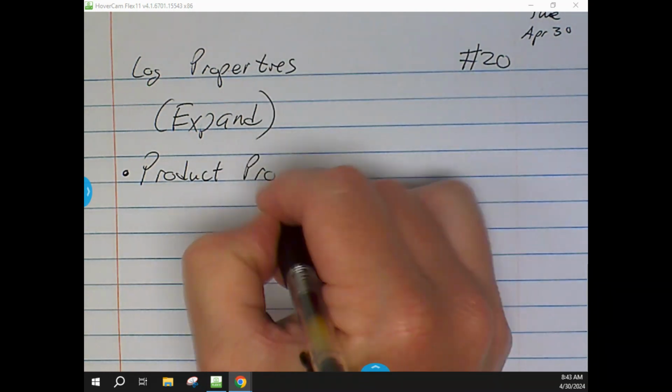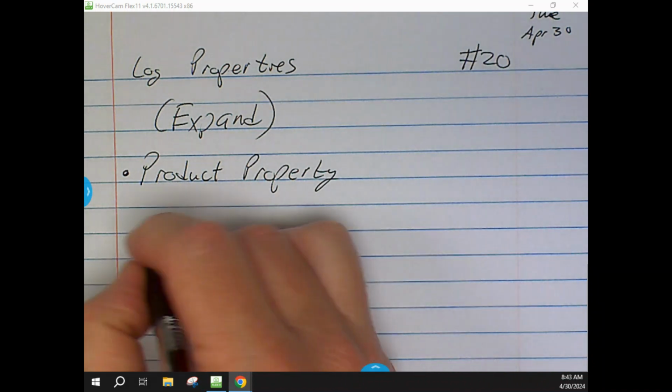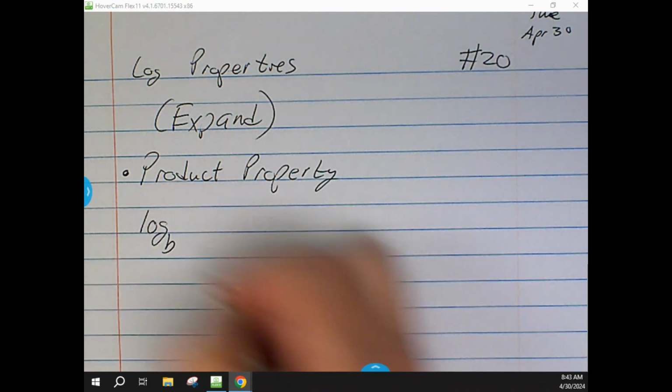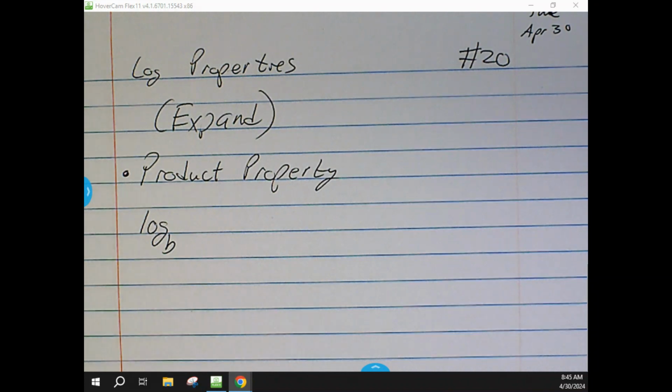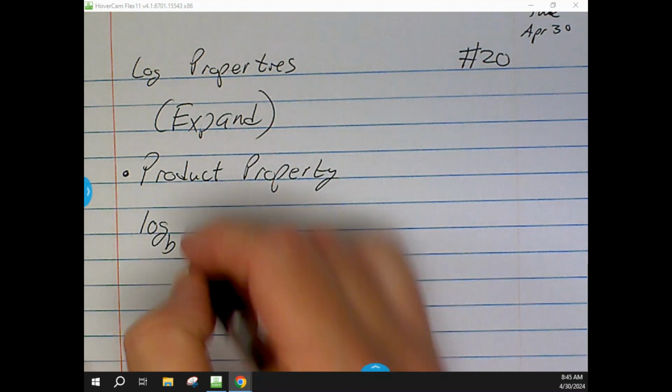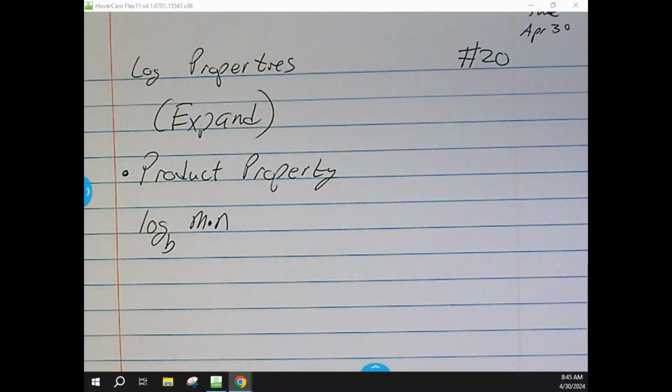Okay, so the first one is the product property. If you expand it, you go from having the word log written once to the word log being written maybe two, maybe three times, depending on how many things you've got.